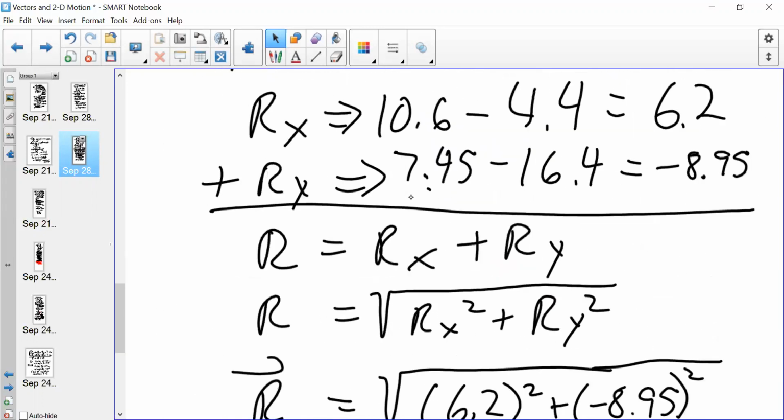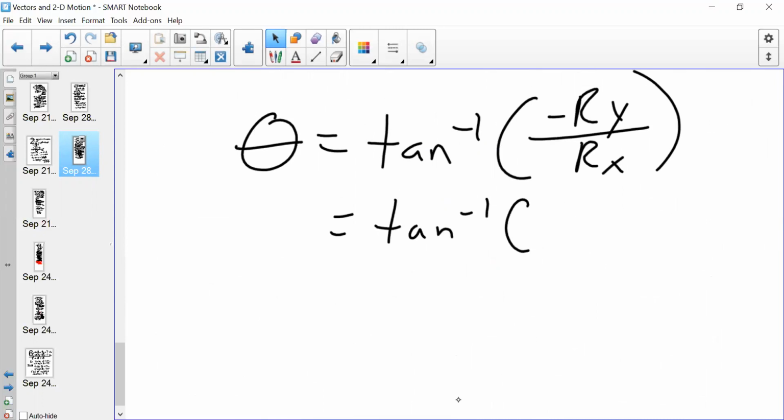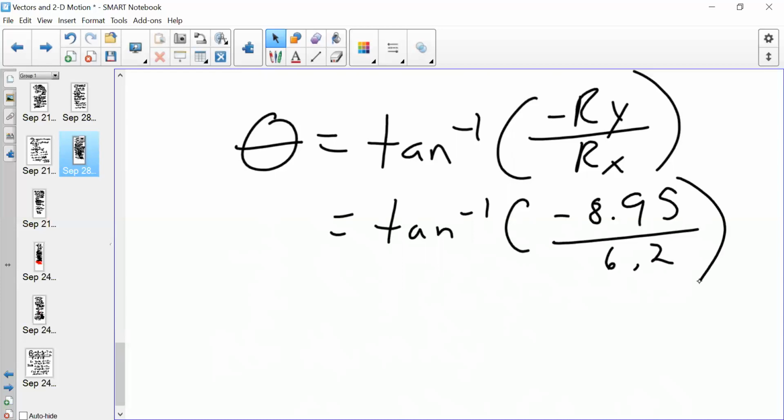Geometry fits, math is working. So this will be negative in this case. Okay.